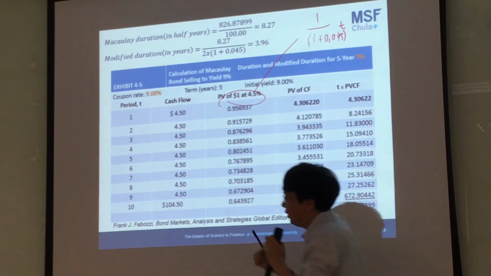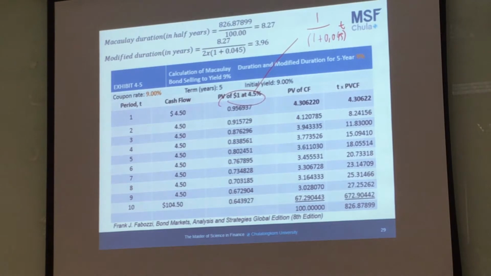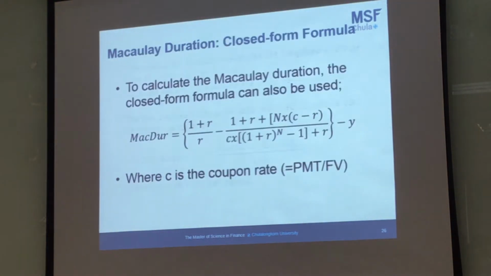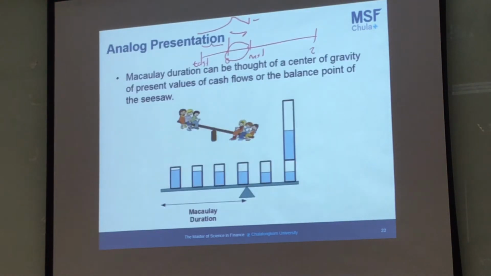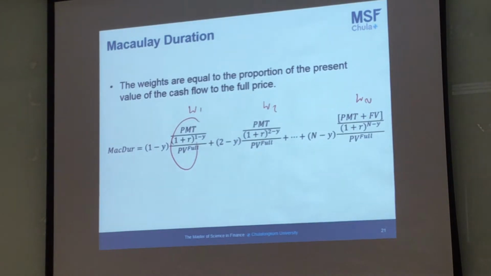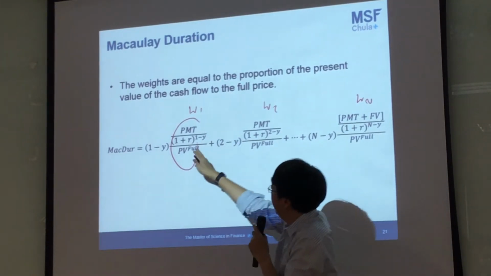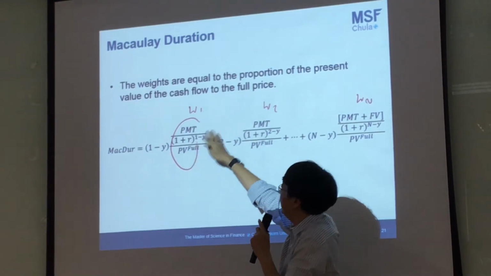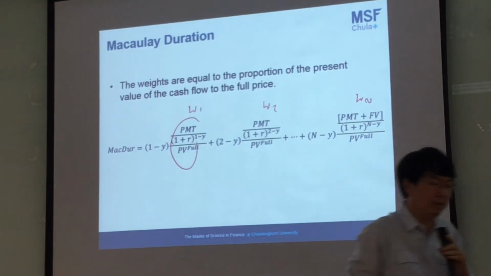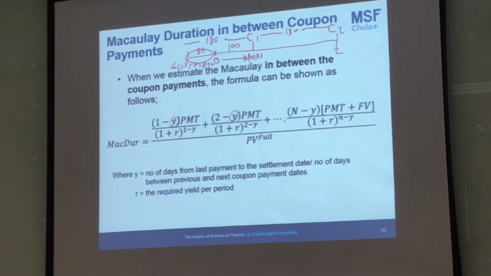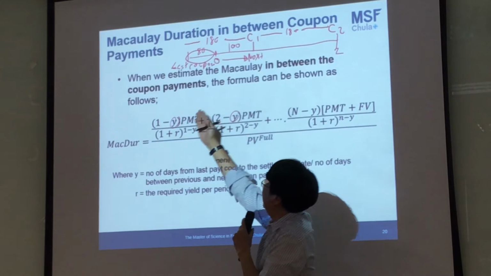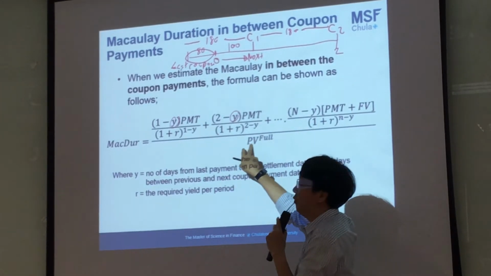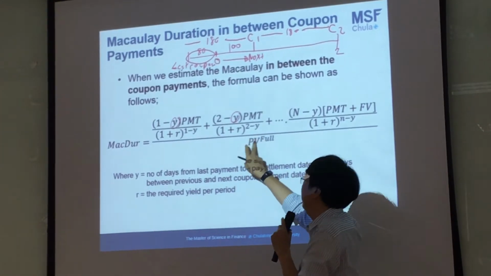In this case, the step is maybe slightly different, but actually it's the same. In this table, they do not divide each cash flow by the price. They just do the numerator like this and then divide by the price later, just one time.